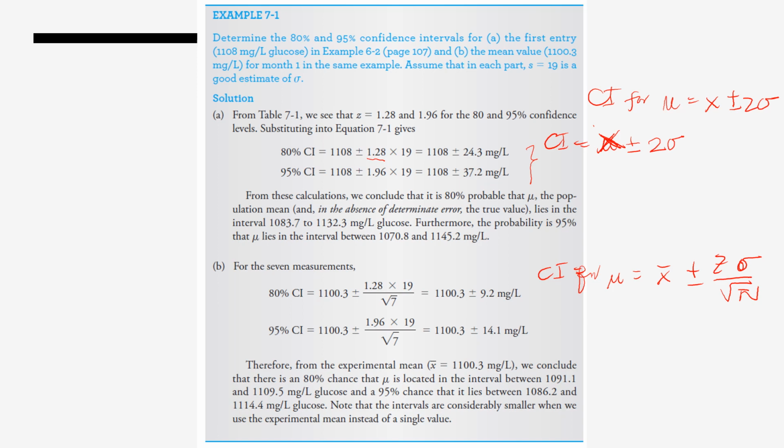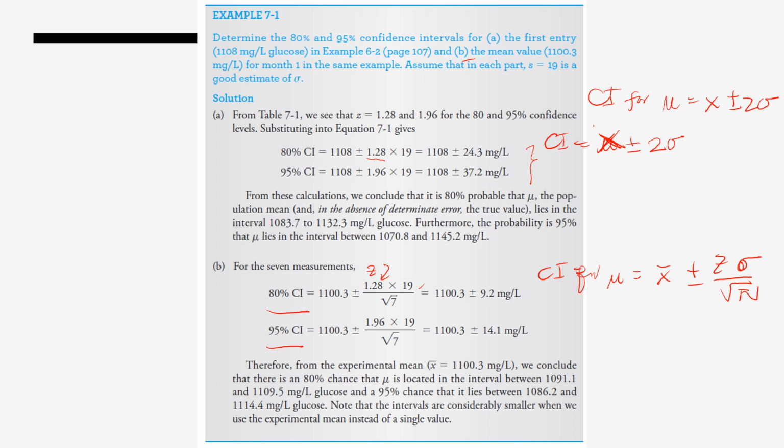So in this case, at 80% confidence interval and 95% confidence interval, we will just input the data, which is 1100.3 at letter B. And then positive, negative, the z value at 80% confidence interval is 1.28, and you have a good estimate of the population, which is equivalent to 19.